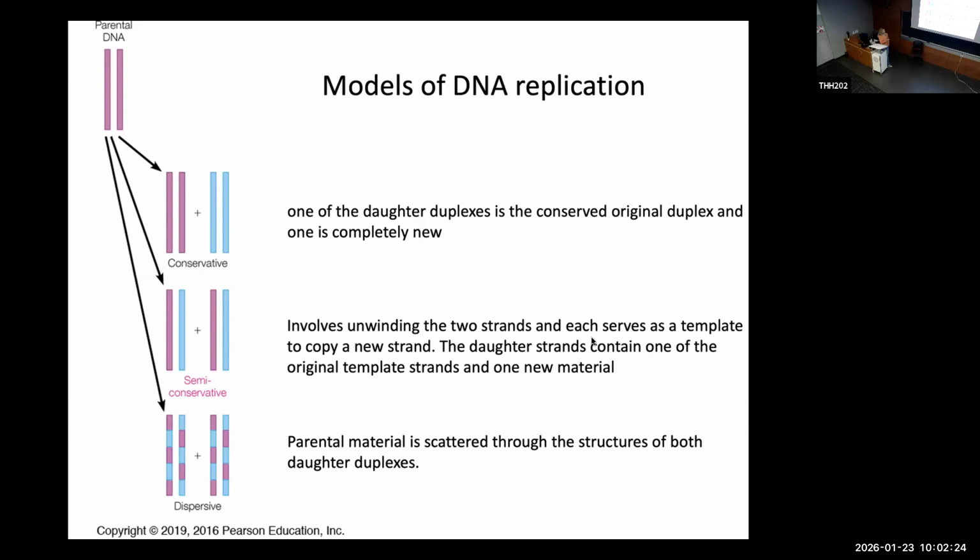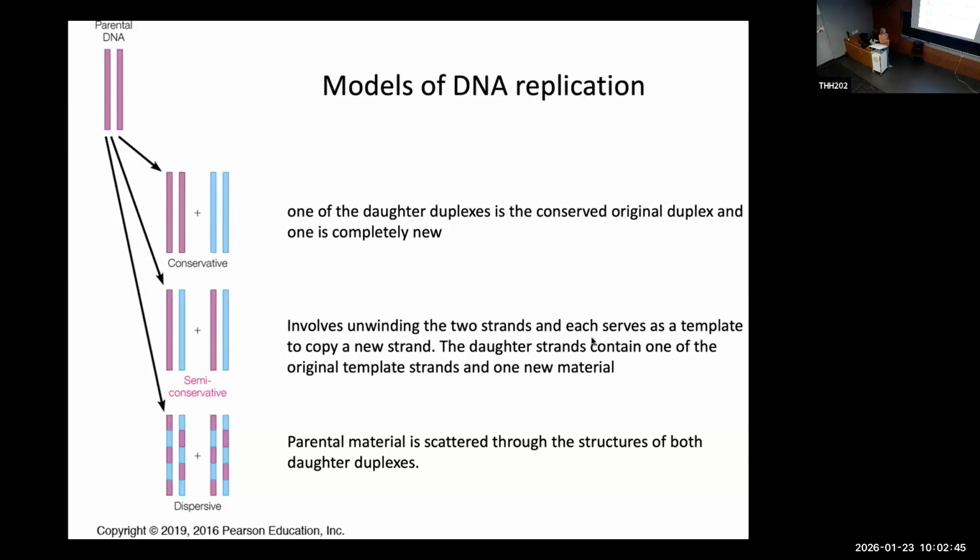Semi-conservative is a model by which each parental strand is conserved in terms of its own structure, but the daughter strands are now base paired to one of the parents. So you get two double-stranded molecules that look like this. One parental strand exists in it, and then one daughter strand.